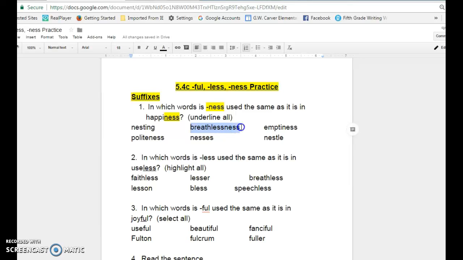So we are going to underline that choice. Emptiness. Ask yourself again, does it mean a state of being empty? Yes, if you feel emptiness, you're feeling that state of being empty. Politeness. Is that a state of being polite? Absolutely.